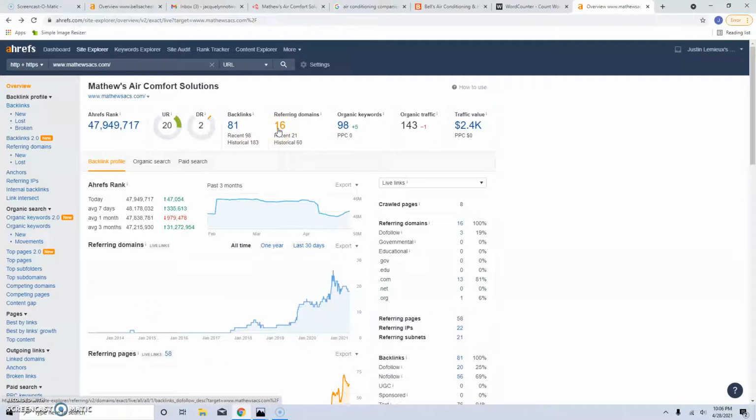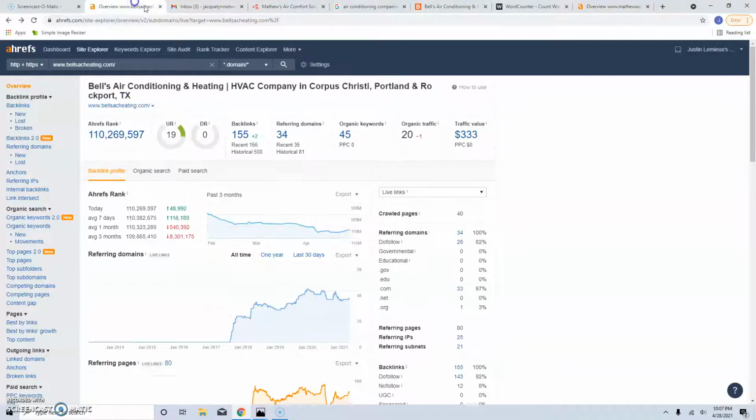However, the instance that I'm referring to, in which not all backlinks are created equal, although they have fewer backlinks and fewer referring domains, they must have higher powered backlinks. Their traffic value is at 2.4K, whereas I believe yours is $333. So what that means is we would go and add higher powered backlinks, and it would completely blow them out of the water.